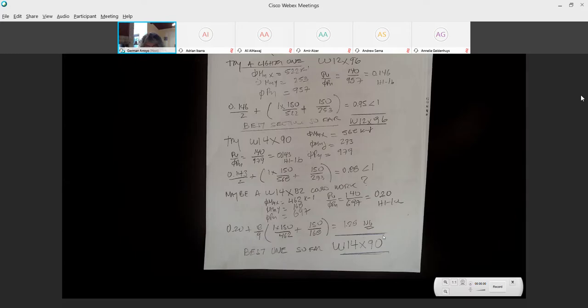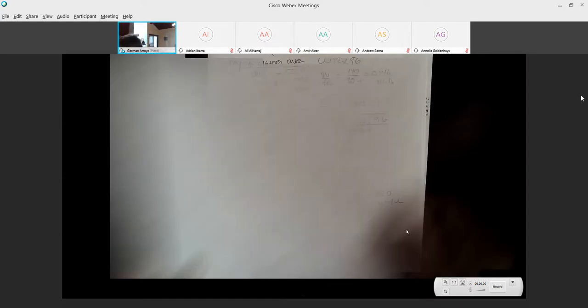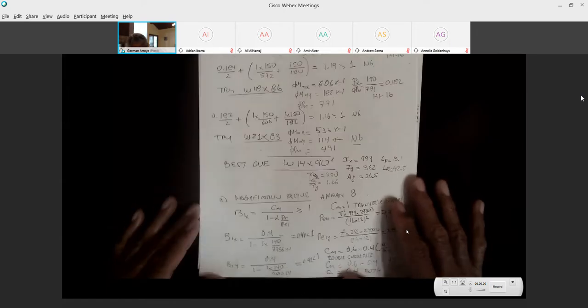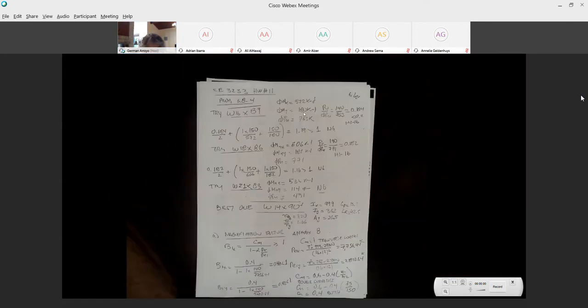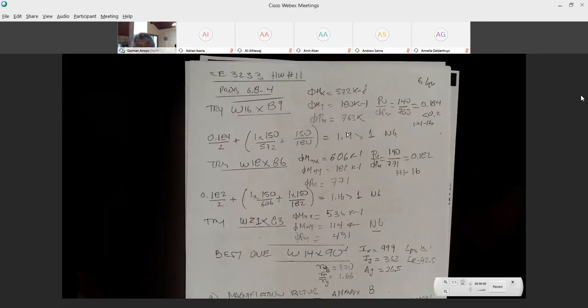Now, we could continue all the way and check all the sections in the code, but there's going to be a point where nothing else works. So we'll say this is the best one. I need to go to the W16, a lighter one, W16 by 89.